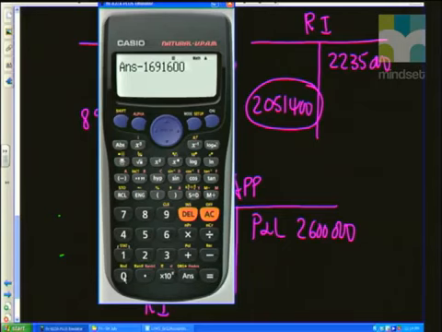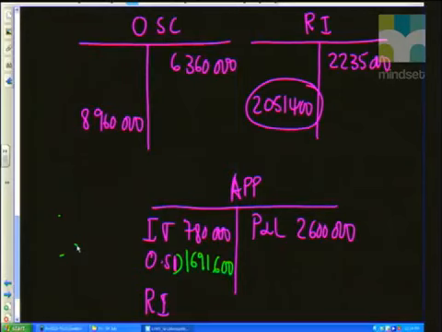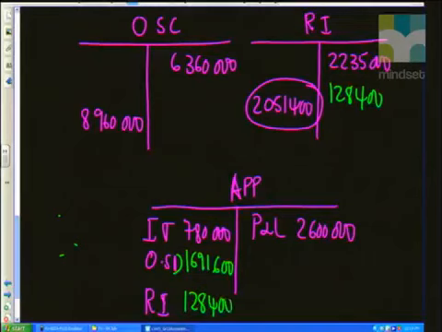Obviously, that was your ordinary share dividends. Your answer is 128,400. The 128,400, this is important now. 128,400 is the amount that you are transferring. Watch the space here, guys. You're debiting your appropriation account with 128,400 and you're transferring it into your retained income account.